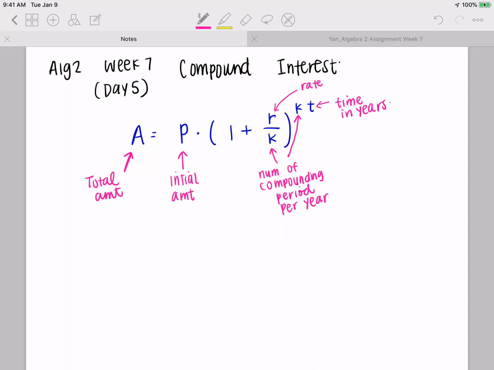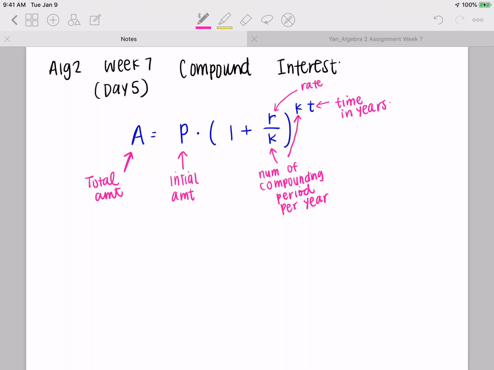Okay, so the use of this K is that, like, earlier I said you're investing money. K is the period where these interests actually count. So sometimes it can be compounded yearly. That means you only need to pay for these interests once a year.